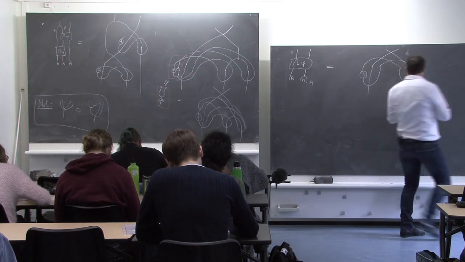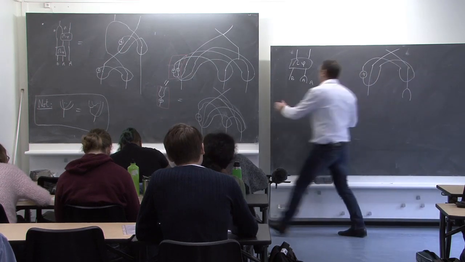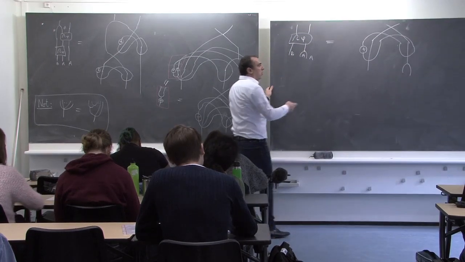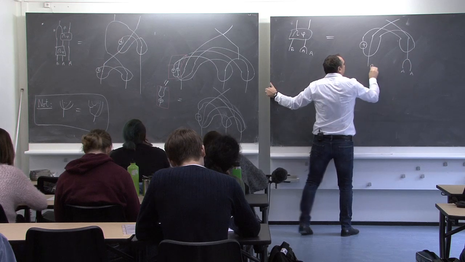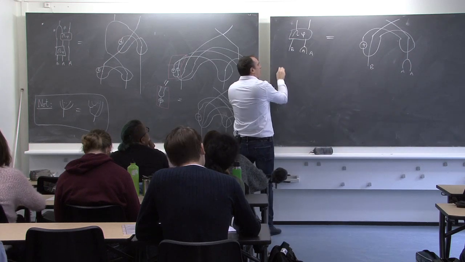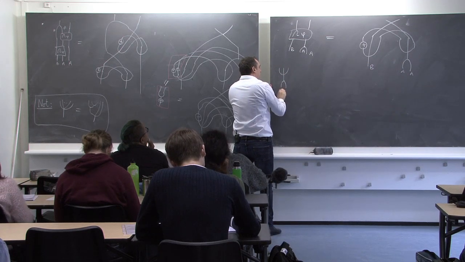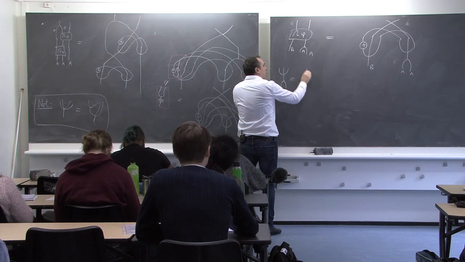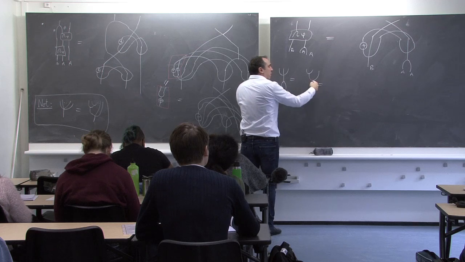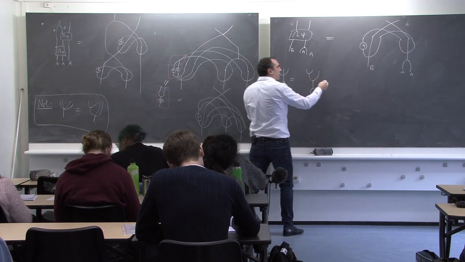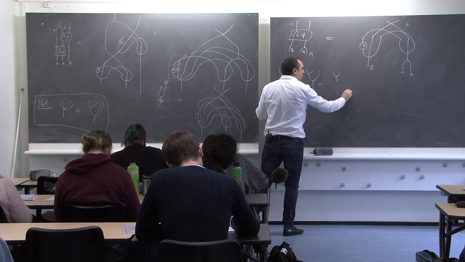Now we will use that the coproduct of A is multiplicative. So what does it mean? So A, this is, for example, this. So here you use the multiplicativity, so it means this.